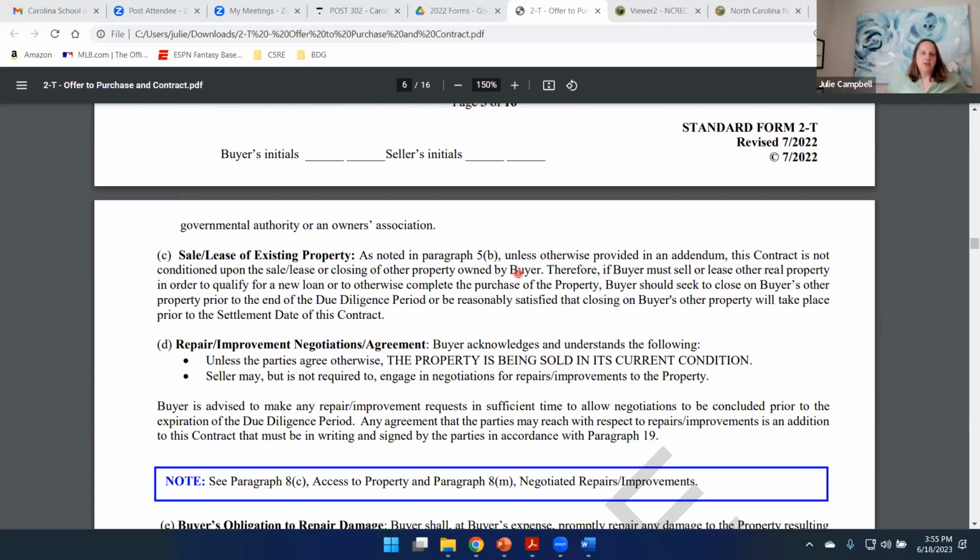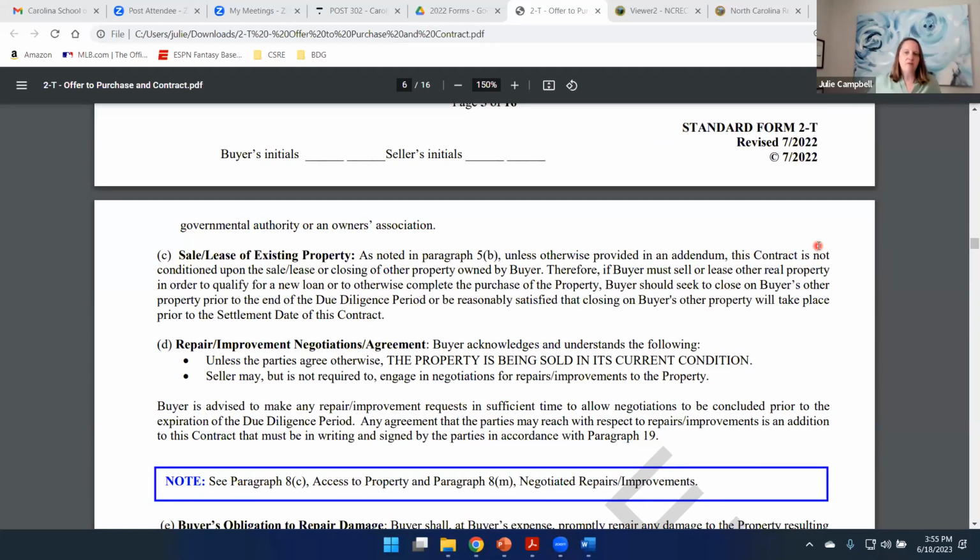Still under the buyer's due diligence process, is there a sale or a lease of existing property? Is identified in paragraph 5B below, unless otherwise provided in an addendum. This contract is not conditioned upon the sale or lease or closing of other property owned by the buyer.